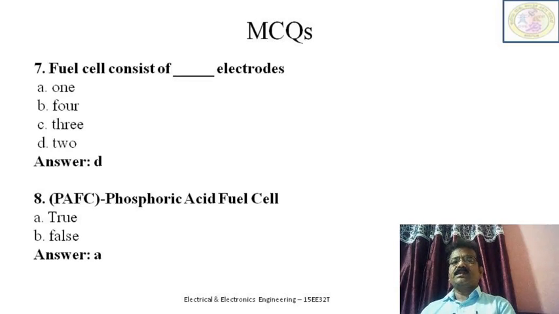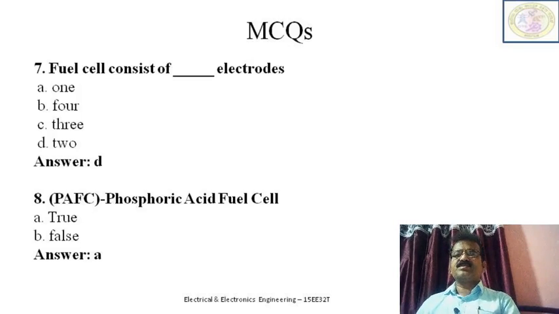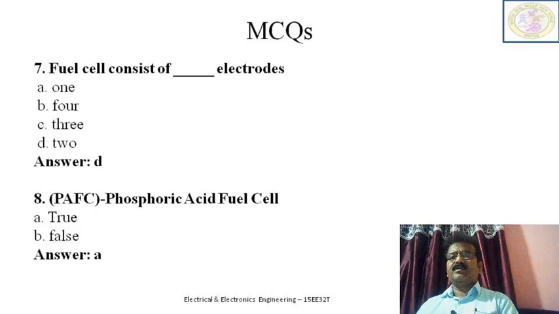Seventh one, the fuel cell consists of dash dash electrodes. A, 1, B, 4, C, 3, D, 2.